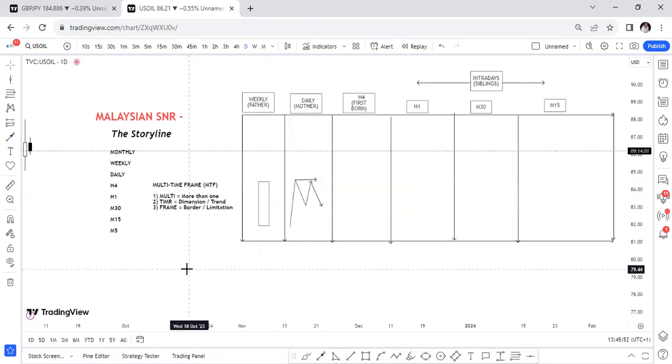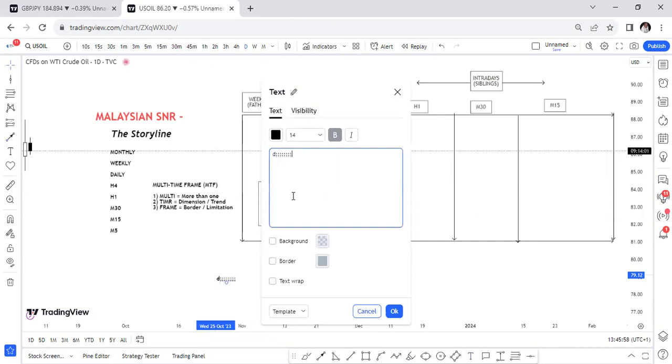So that's a daily borderline, the daily storyline. There's a daily obstacle, which is the resistance. Daily obstacle or borderline.